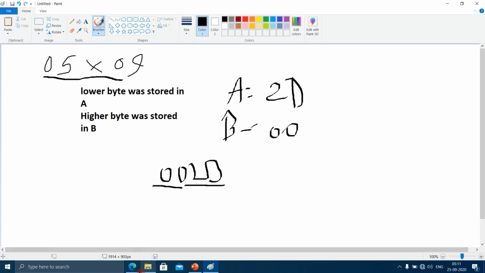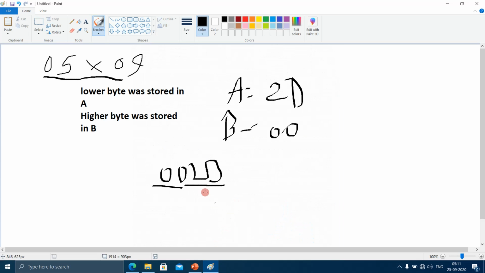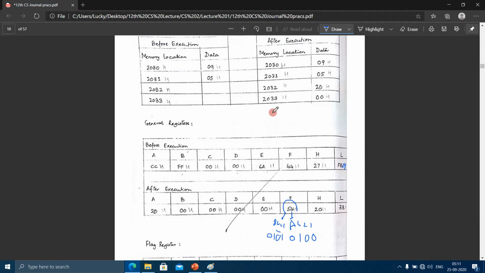So at location 2032, 2D should be stored, which is the lower order byte, and the remaining byte should be stored at location 2033, the next consecutive memory location. So 00 was stored here.